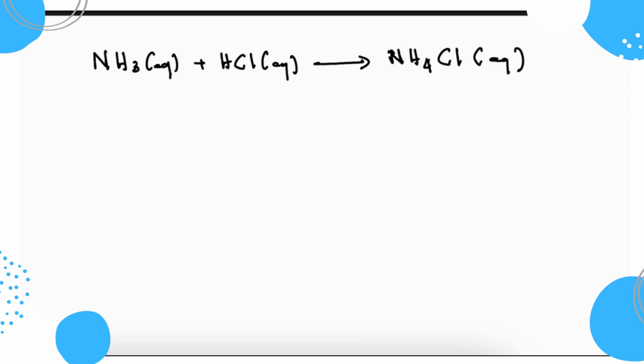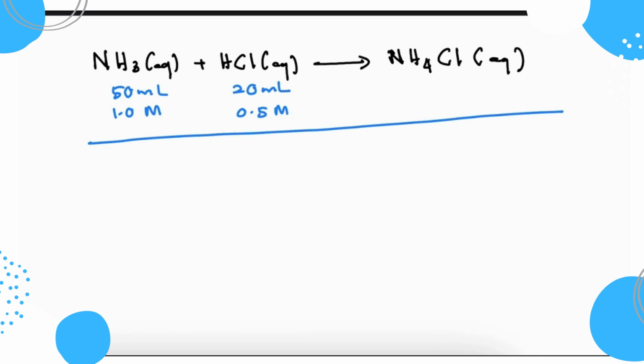Okay, so the information that we have for the ammonia is 50 ml, 1.0 molar, and for the hydrochloric acid we have 20 ml, 0.5 molar. So as I mentioned previously, if we have the information for both reactants, we can only compare moles.